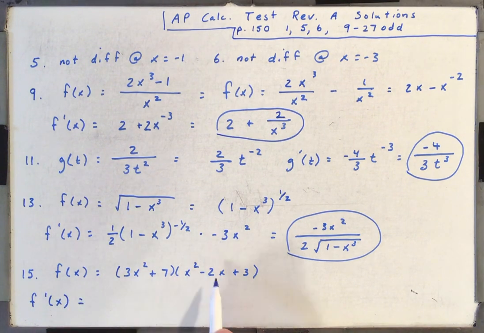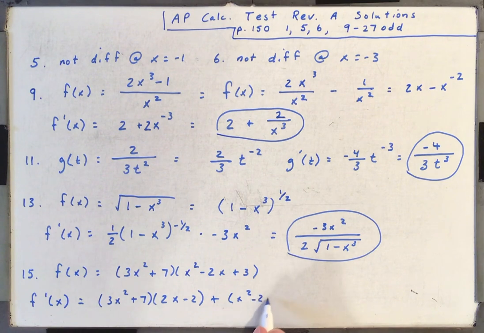So the first times the derivative of the second plus the second times the derivative of the first. So 3x squared plus 7, the first, times the derivative of the second, 2x minus 2, plus the second, x squared minus 2x plus 3, times the derivative of the first. That's just going to be 6x.